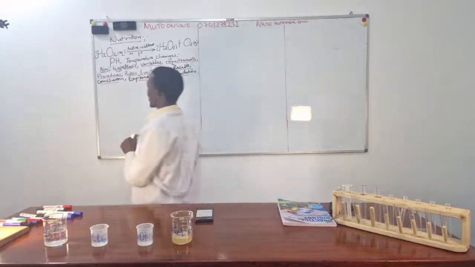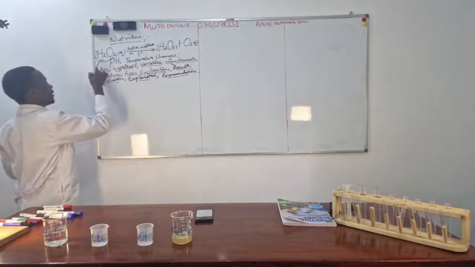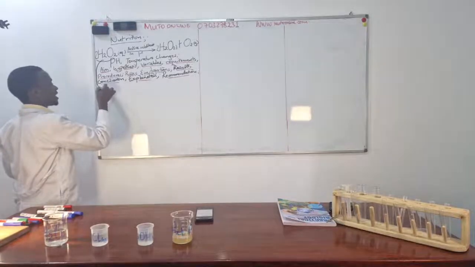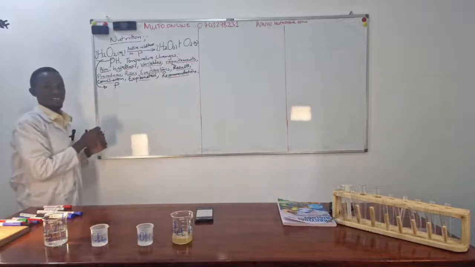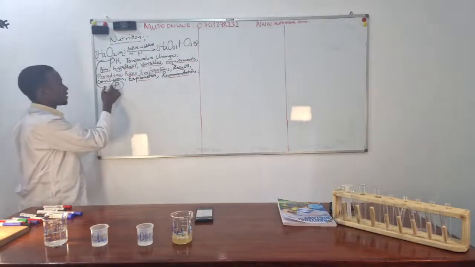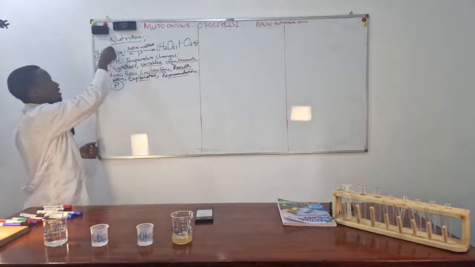So the manager came up with an idea of soaking. After bleaching, they got an extract, which they called P, in which they soak the bleached cotton for some time to remove this.